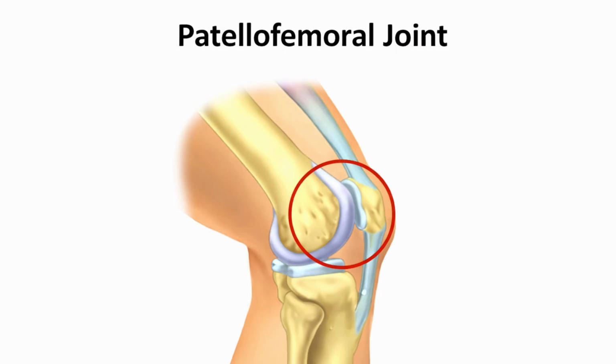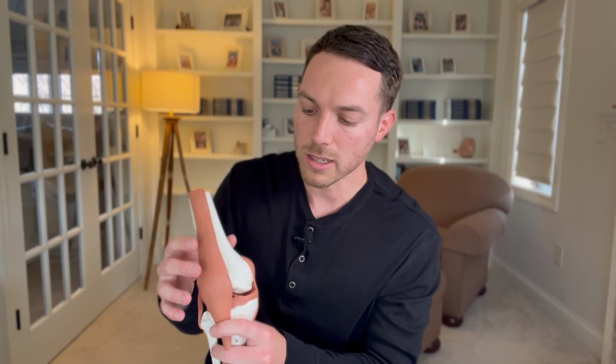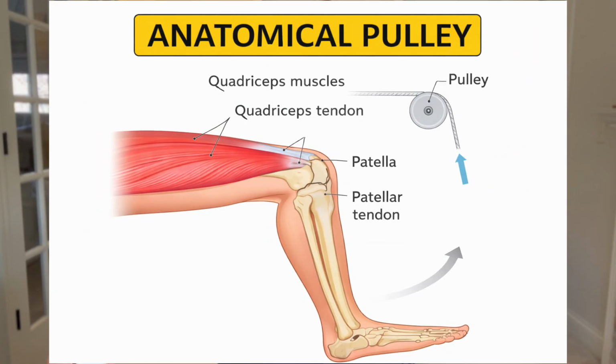As we move or hinge that knee during walking, sitting, all of these different activities, you want a nice smooth motion of the patella itself. The patella acts much like a pulley in a mechanical system. What do I mean by that? As you can see in this image, by sitting in the front of the knee, it increases the leverage of the quadriceps muscle that runs over the top of it. Without the patella, the quadriceps muscle would have to work much harder to extend the knee.